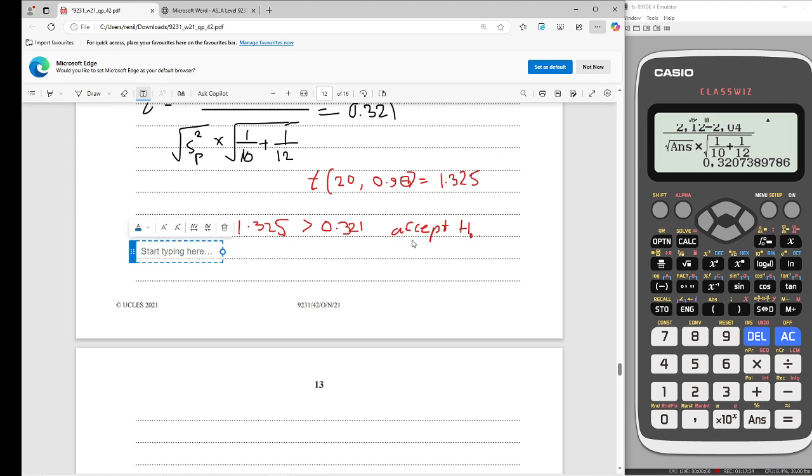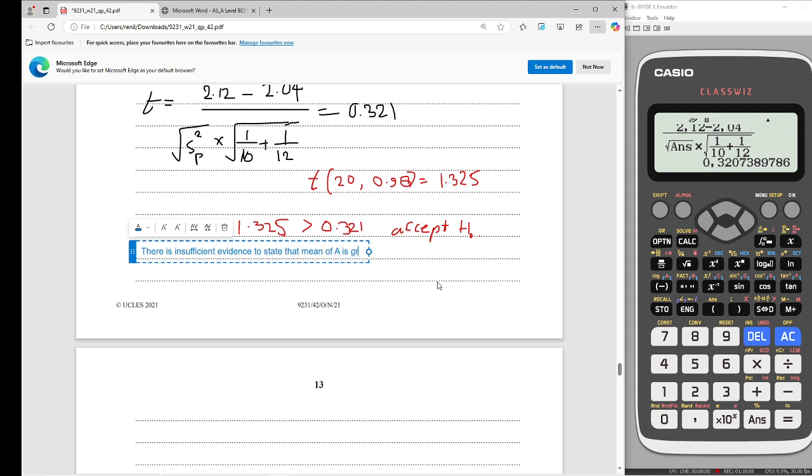Now we'll state our conclusion first. Since we did accept H null, we're going to say that there is insufficient evidence to state that mean of A is greater than mean of B, and that's right there is your answer.